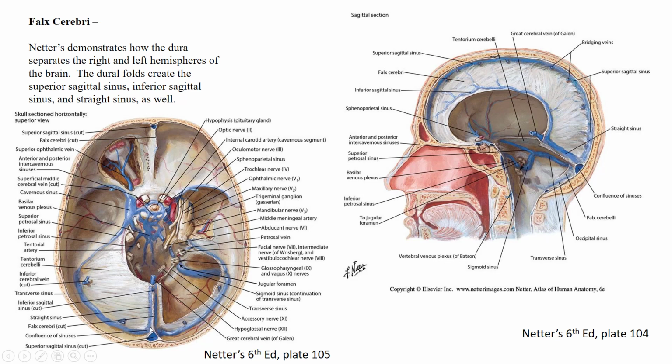So straight sinus, and this would be the right transverse sinus, into the sigmoid sinus that you can't see now because they haven't cut this side away, and then down into the jugular veins eventually. And this is that tentorium cerebelli, or falx cerebelli here. And that's that stretch of dura that separates the cerebrum from the cerebellum.